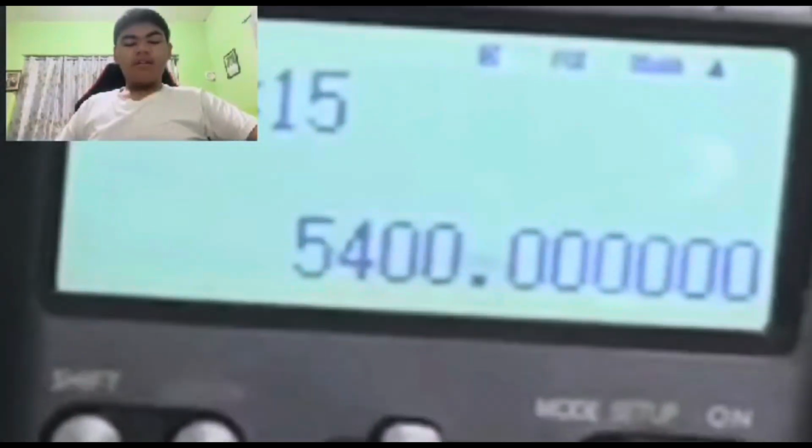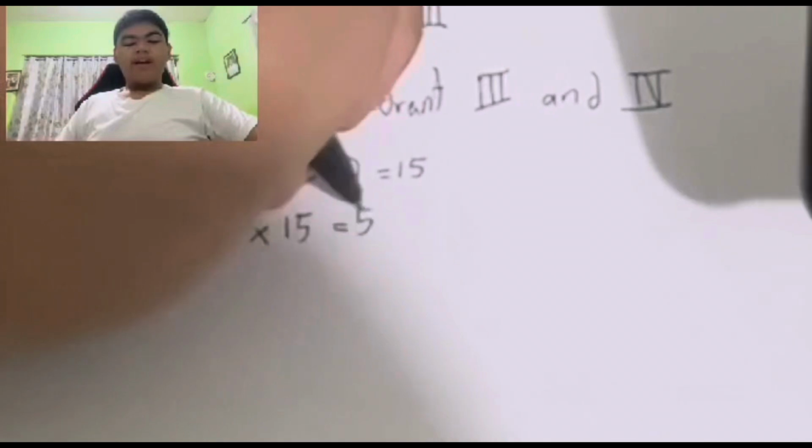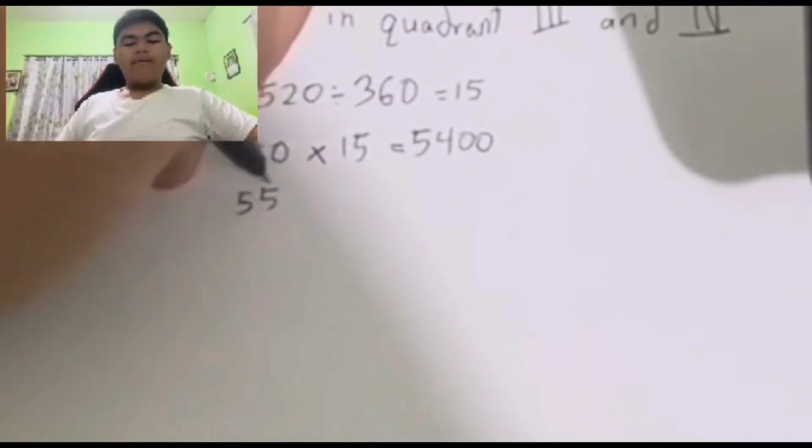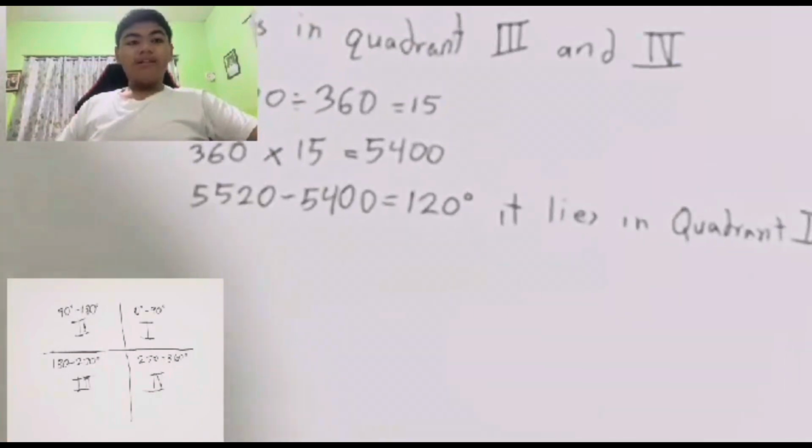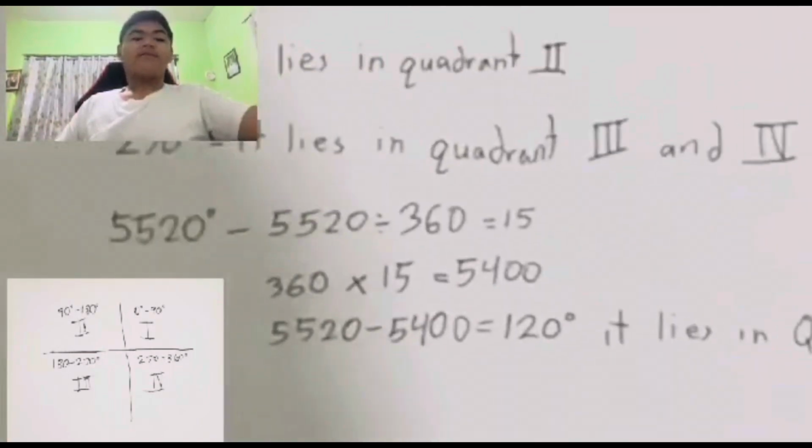So we subtract it from 5,520. 5,520 degrees minus 5,400 is 120 degrees. So it lies in quadrant 2. That's how easy it is.